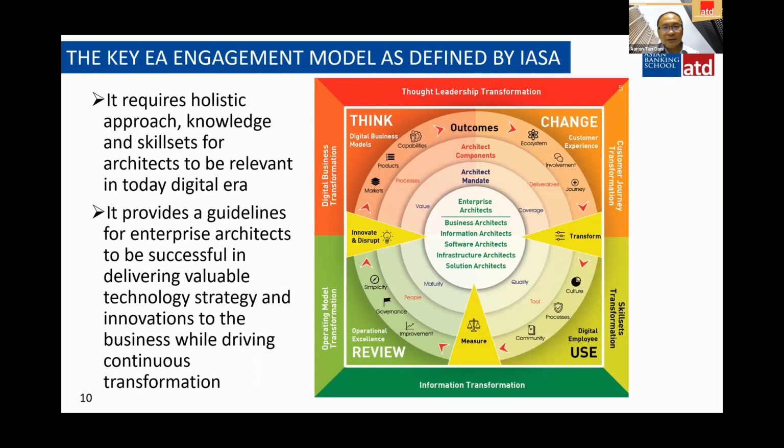So the concept here is that we want to drive transformation. Architects play a critical role because the architect is the glue, or the hub, that connects every type of transformation. As I mentioned in my first part, they connect from the motivation to the business, to the application, to the data, to the infrastructure.